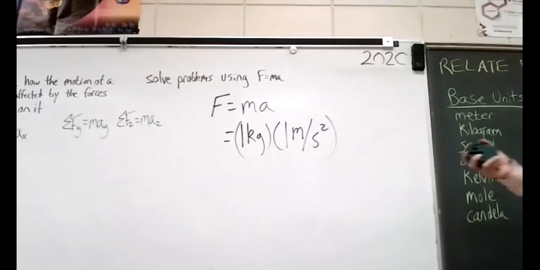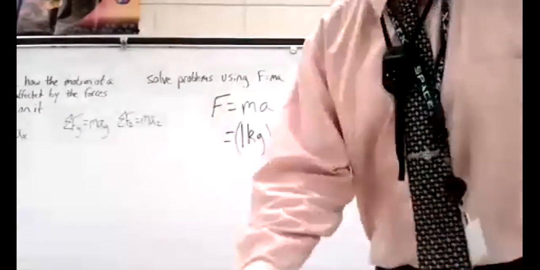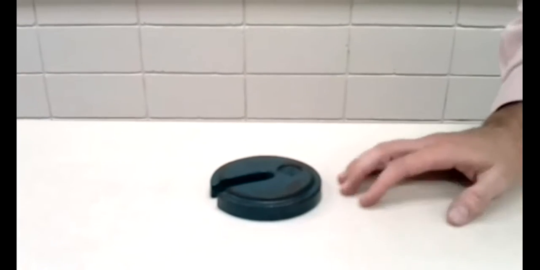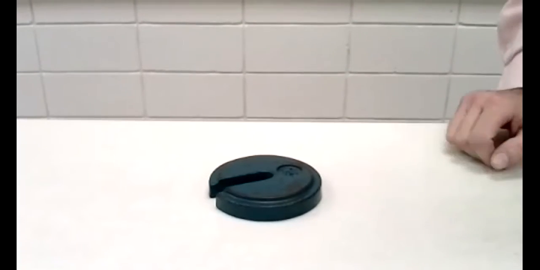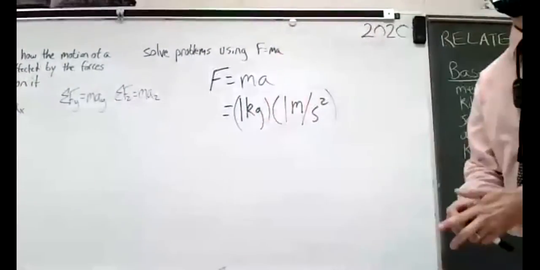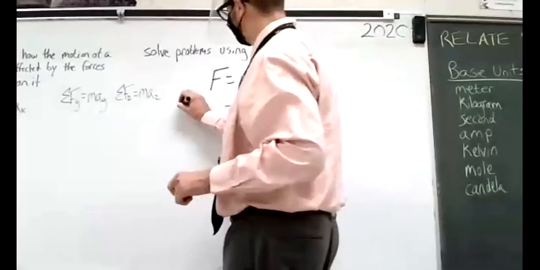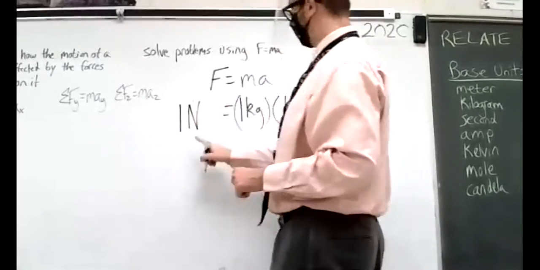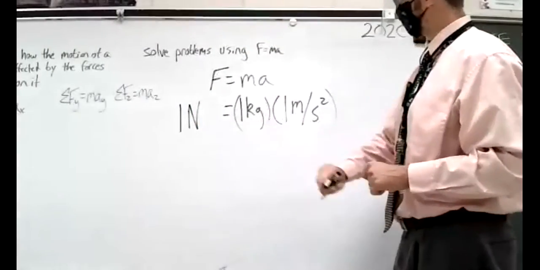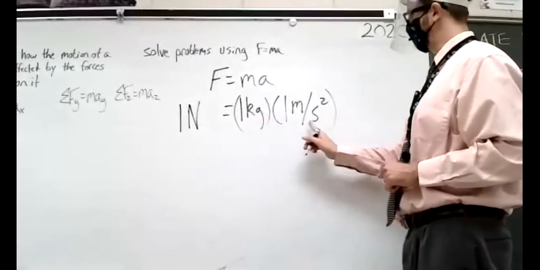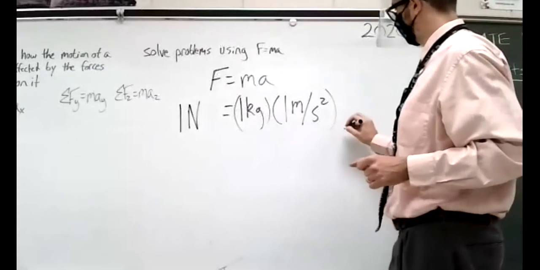I do have a 1 kilogram mass. And what is the force required to accelerate it so that it picks up 1 meter per second of speed every second? How much force is required? 1 Newton. 1 Newton of force is required to accelerate a 1 kilogram mass 1 meter per second squared.